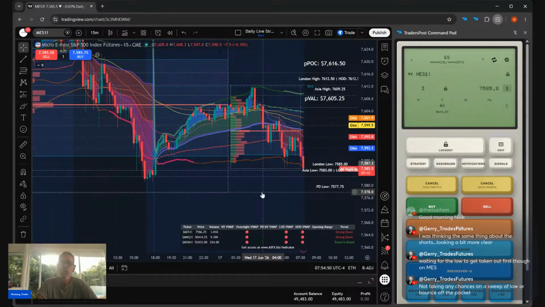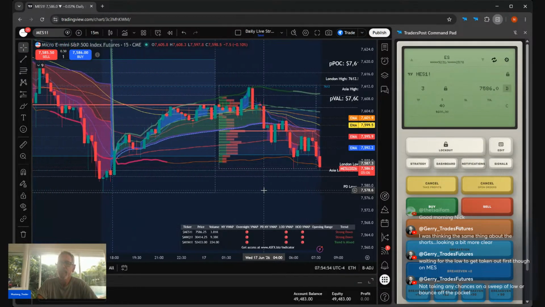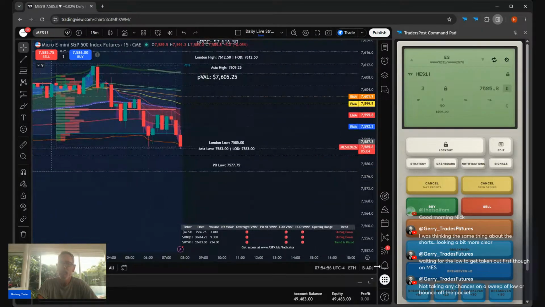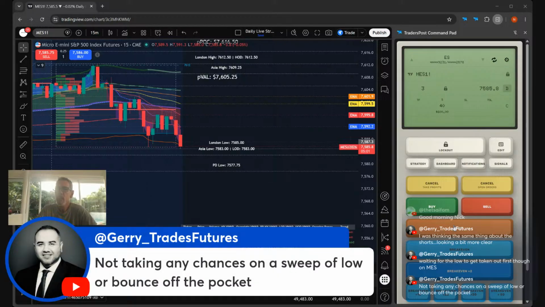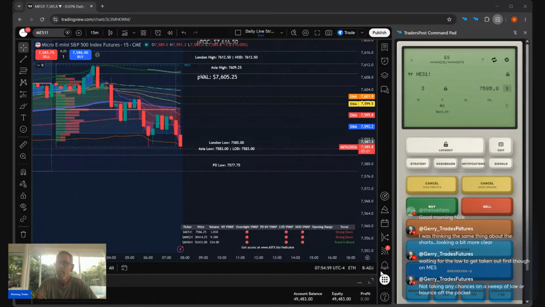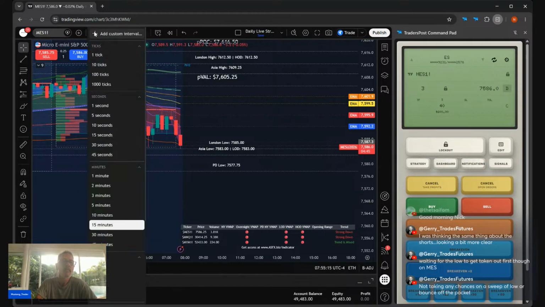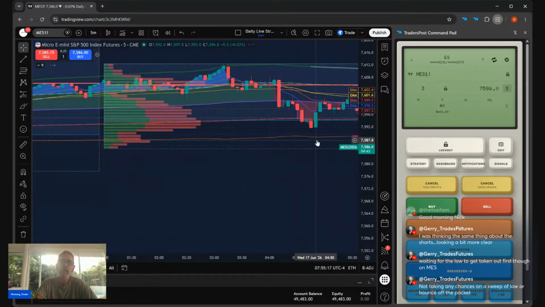It could come all the way down to previous day's low at 75.77. Back to the 5 here.